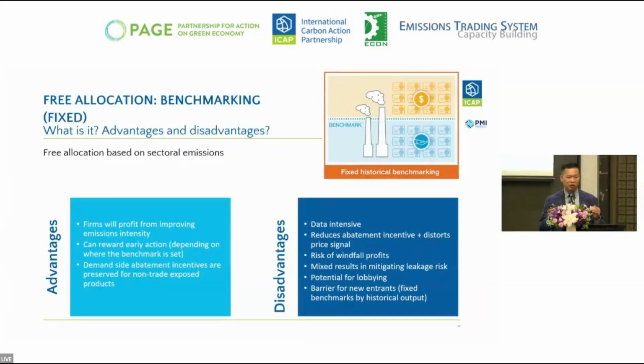So it means the company is compared with the companies in the same sector, and the company that's doing better can receive more allowance. That gives the incentive for early action. It gives the company the incentive to improve their efficiency. And so compared to grandfathering, it's better to reward those who are actually doing well in emission reduction.